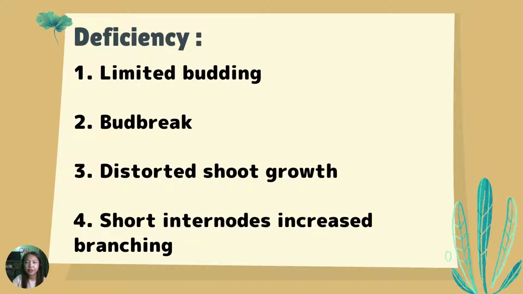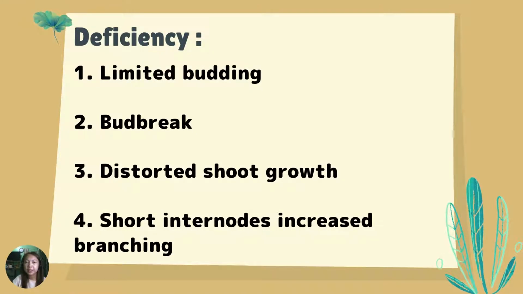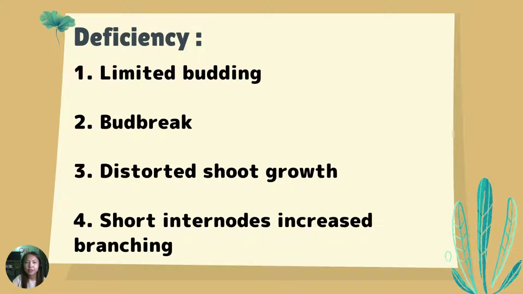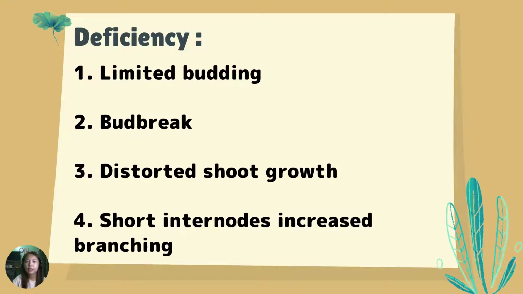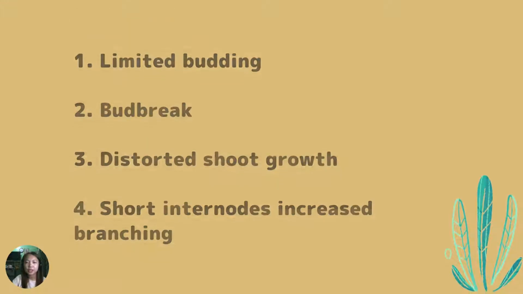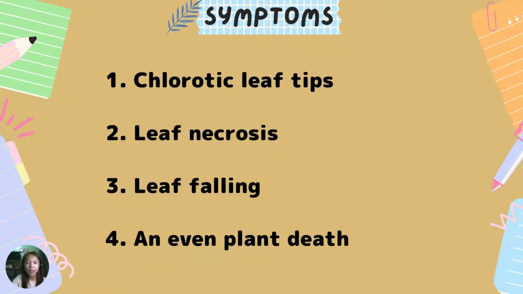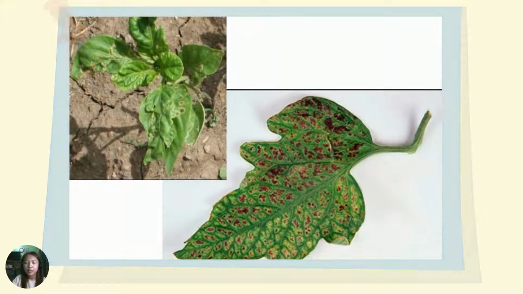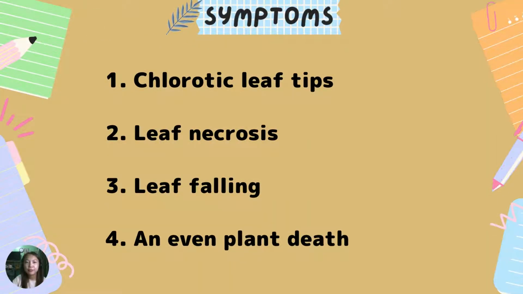Okay, so for the deficiency to observe: limited budding, bud break, distorted shoot growth, short internodes, increased branching. For the symptoms to observe, we have chlorotic leaf tips, leaf necrosis, leaf falling, and uneven plant death.